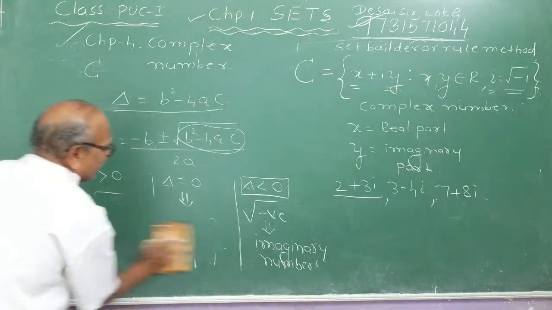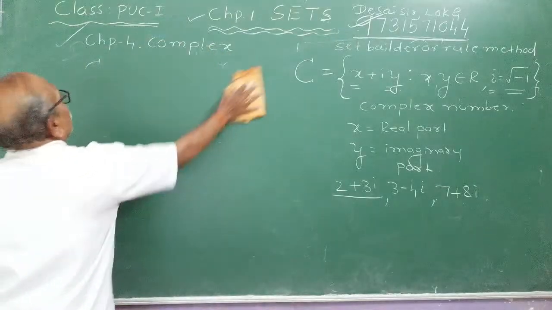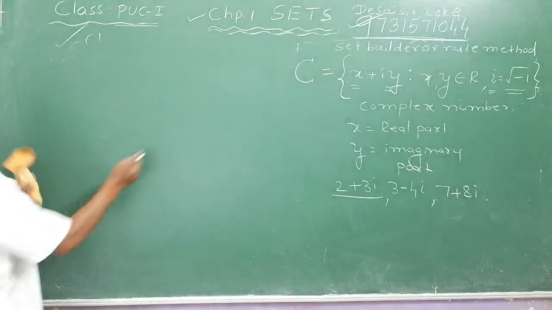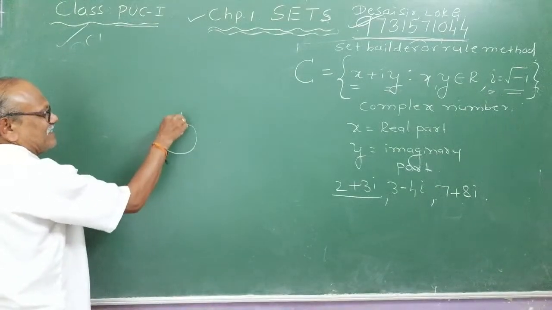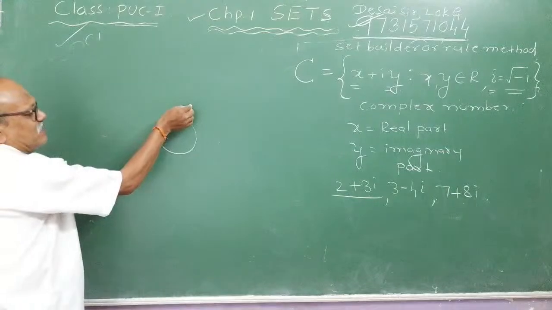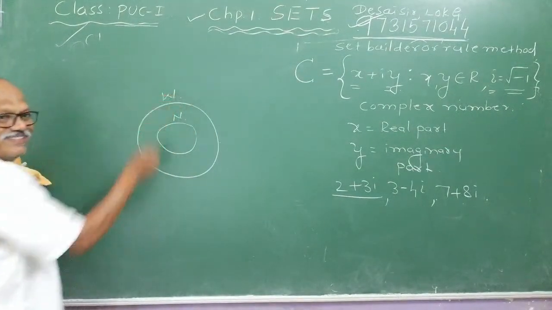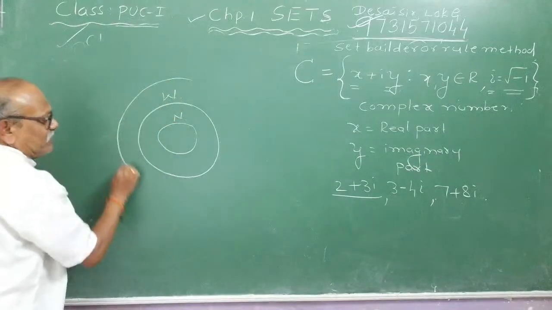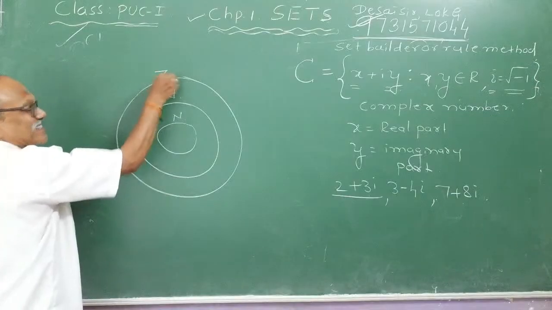And if you go on drawing the circle here, you can remember number sets very easily. Earlier there was only one set. I will draw the first circle, that is N. Bigger than that is the whole numbers. After that come the integers.